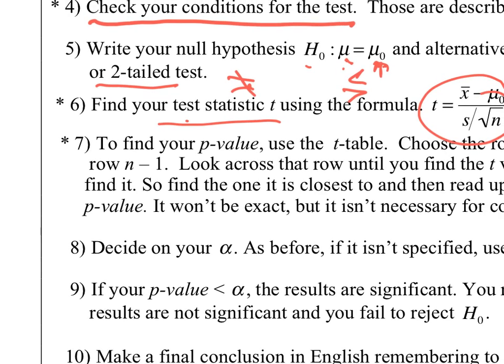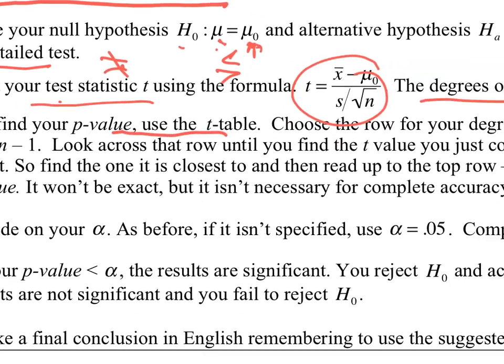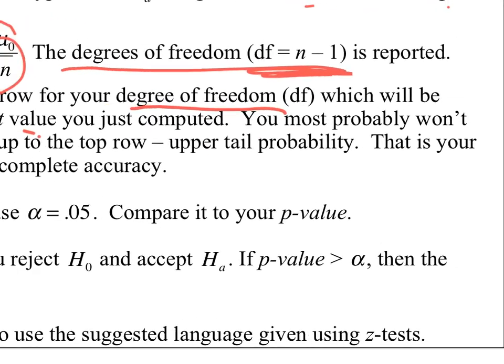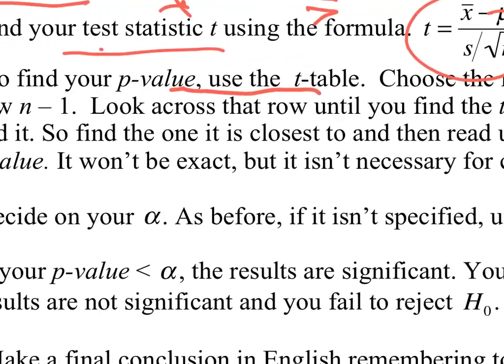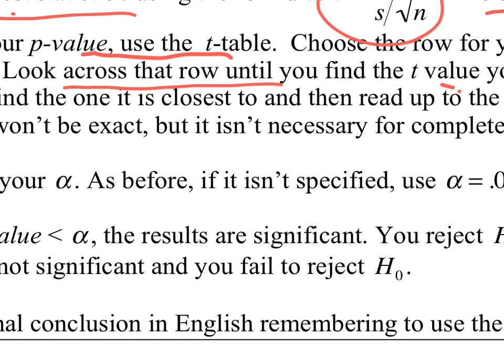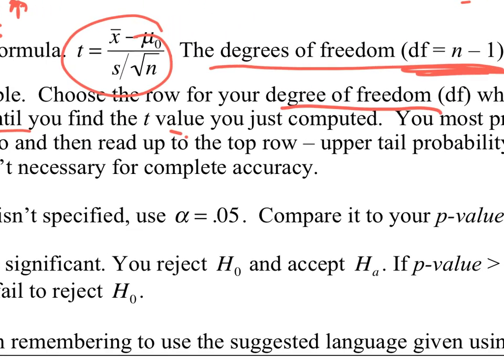To find your p-value, we use our t-table. We choose the row for your degree of freedom, which will be n minus 1. You look across the row until you find the t-value that you have just computed.